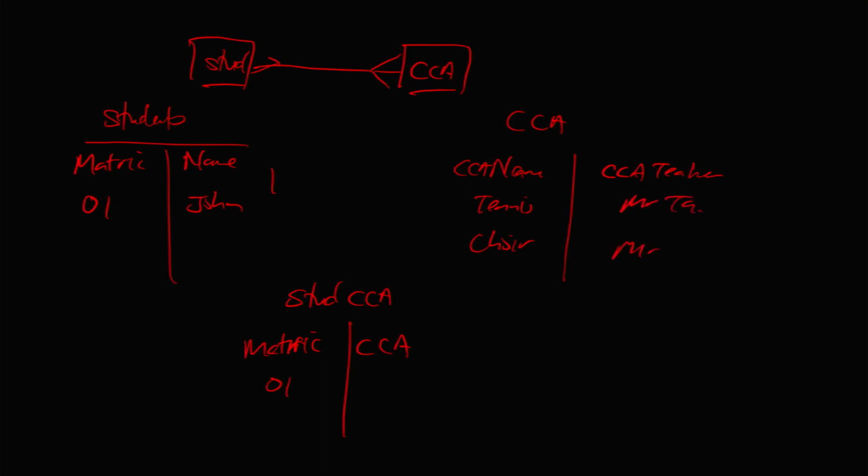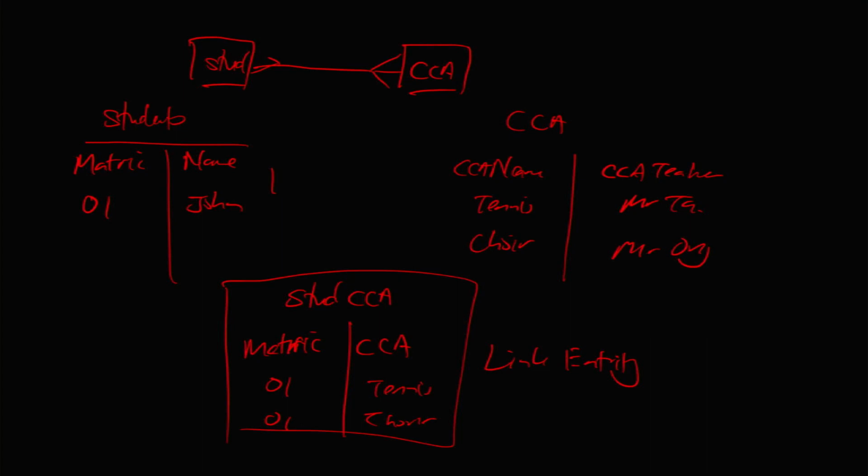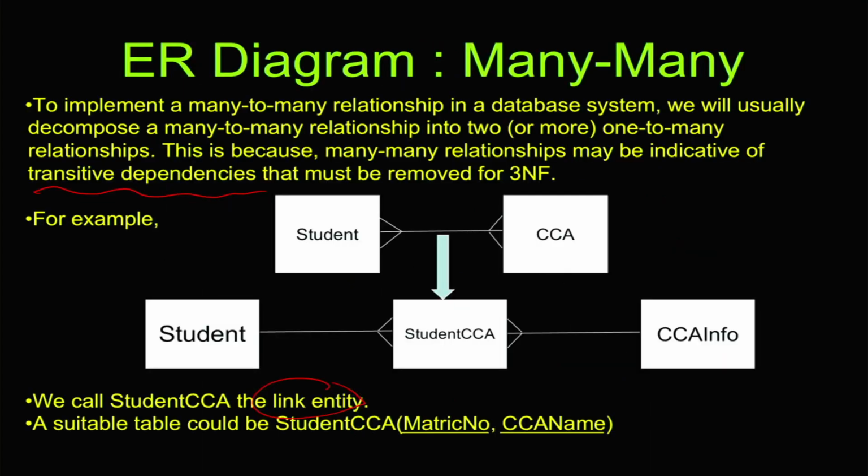This teacher is Mr. Ong. So let's say John is a member of two CCAs. Then what you can do is that we just write 01 tennis, 01 choir. So this is the link entity here. This is your link entity. This is what this part here means. So let's go on.